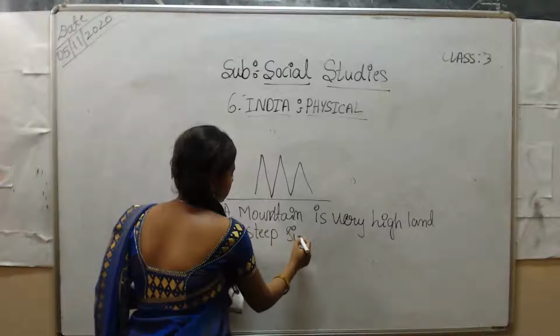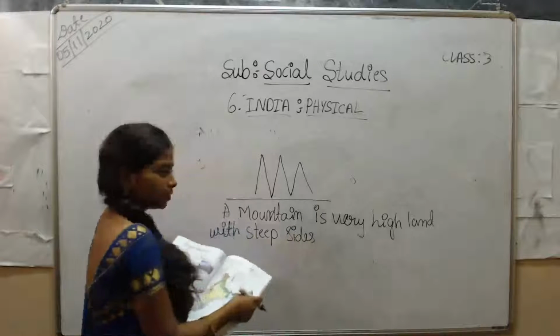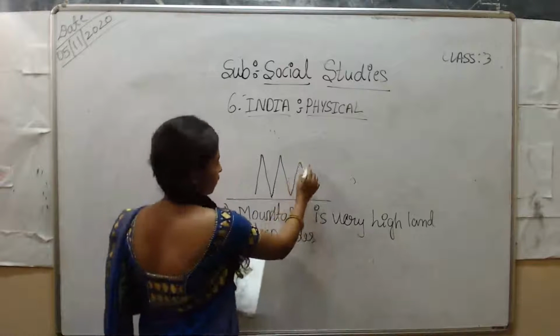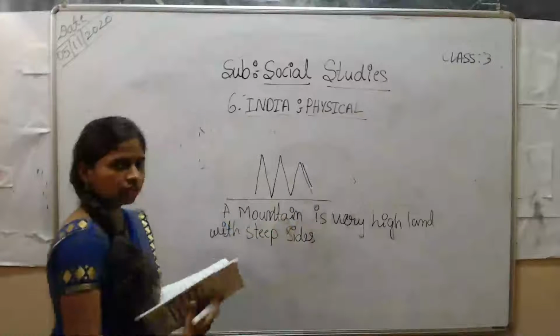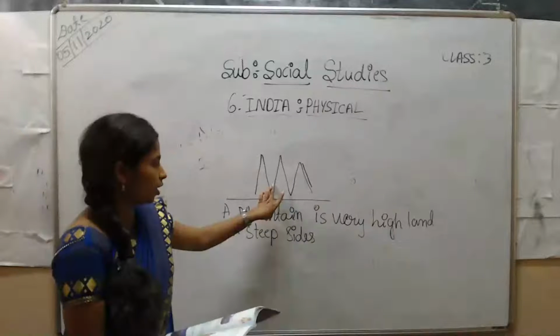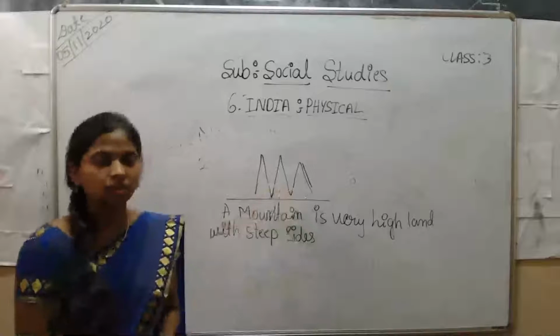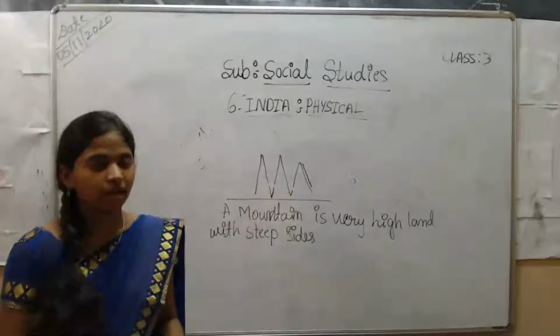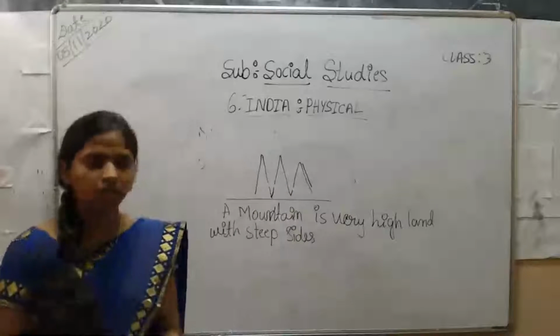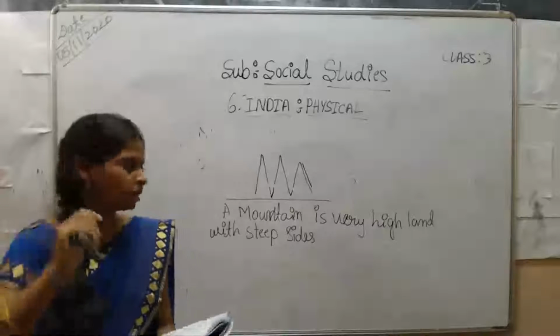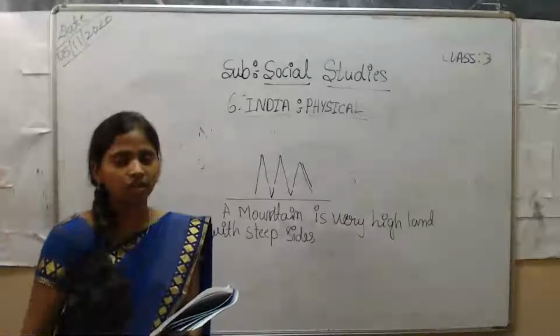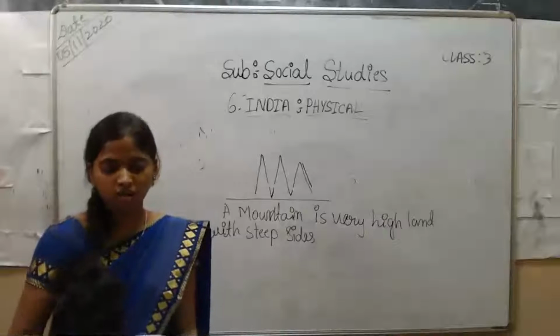What do you mean by steep sides? This kind of slopey area, you can see this, no? These kinds of things are known as steep sides. A mountain will contain steep sides, and it is the highest land present on the earth.